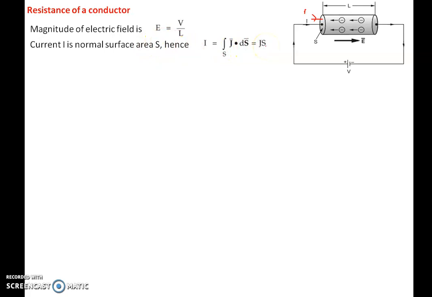So this is the expression for current, I is equal to J S. But according to Ohm's law, the point form of Ohm's law, we can write J is equal to sigma into E. Now, what is E?